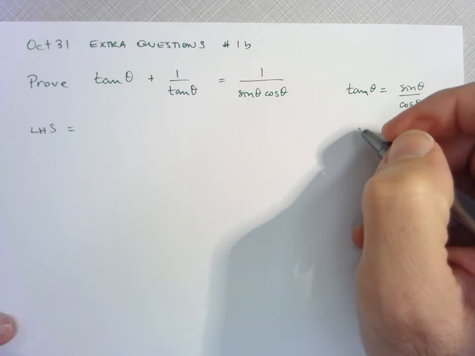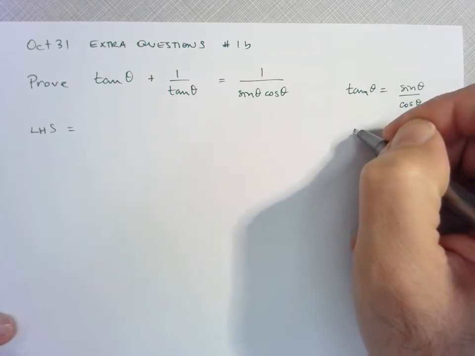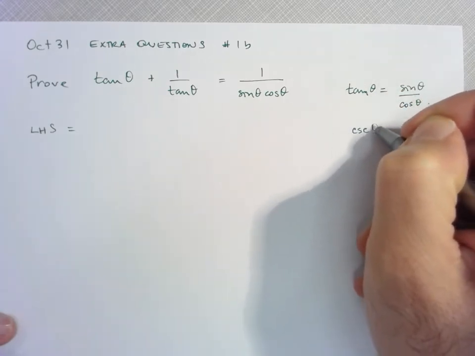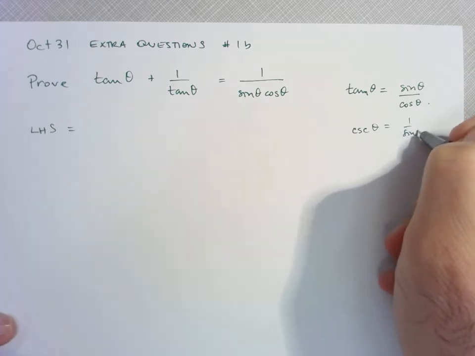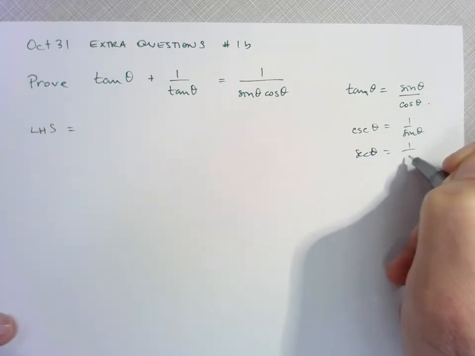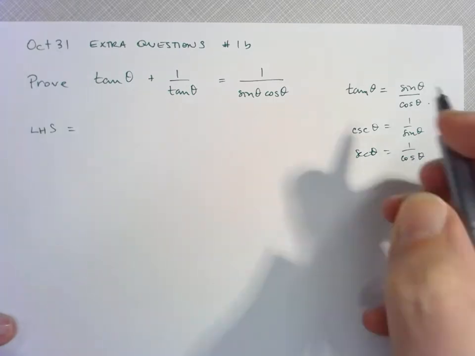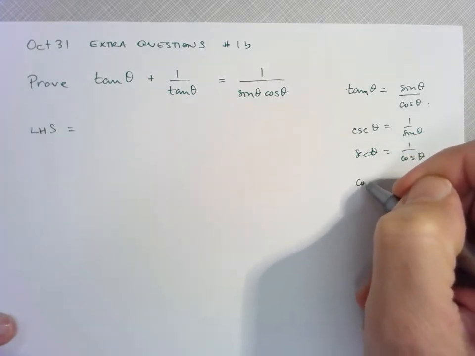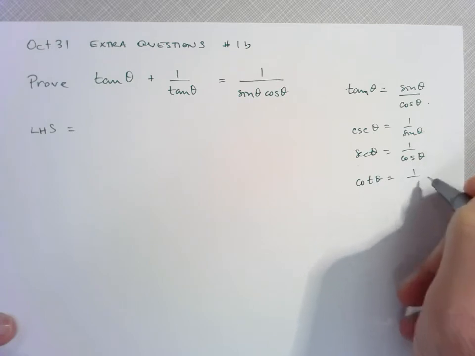Of course, you have your reciprocal trig identities that cosecant of theta is just 1 over sine theta. Okay, secant of theta is just equal to 1 over cos theta. Okay, and then you have cotangent of theta is just 1 over tan theta.